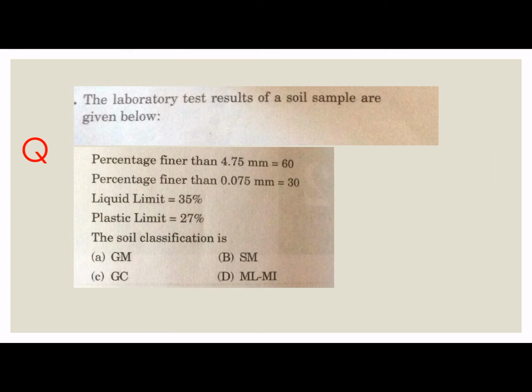Second question, the laboratory test results of a soil sample are given below. Percentage finer than 4.75 mm is 60, percentage finer than 0.075 mm is 30, liquid limit is given as 35 percent, and plastic limit is given as 27 percent. So the soil classification is what?